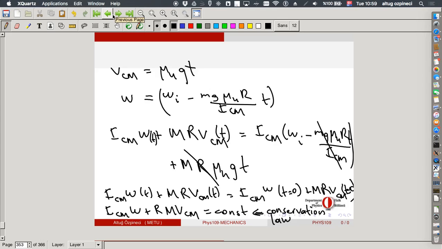M times V center of mass, this is the momentum of the center of mass. R times the linear momentum of the center of mass, this is nothing but R cross P, the angular momentum due to the translational motion of the center of mass, plus the angular momentum due to rotations around the center of mass.